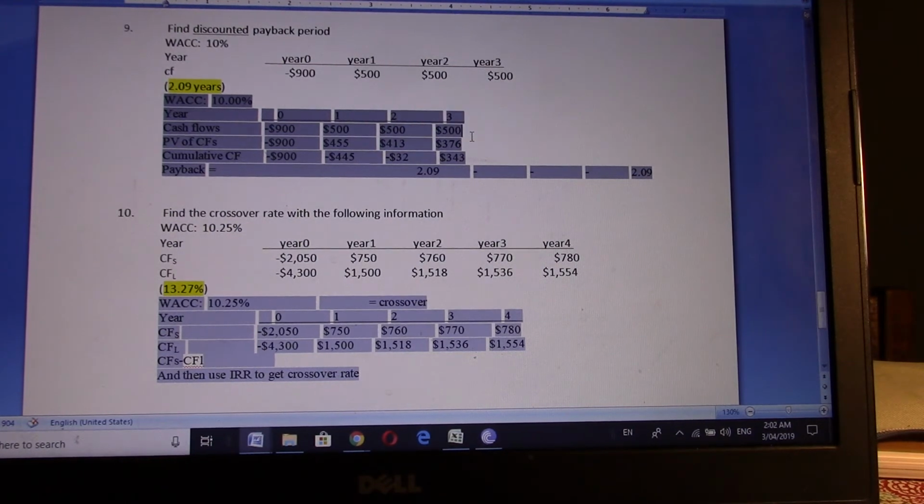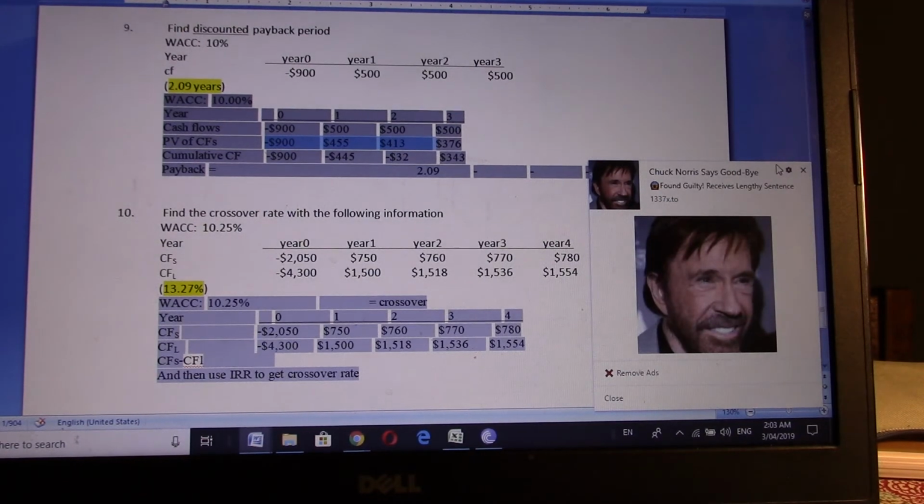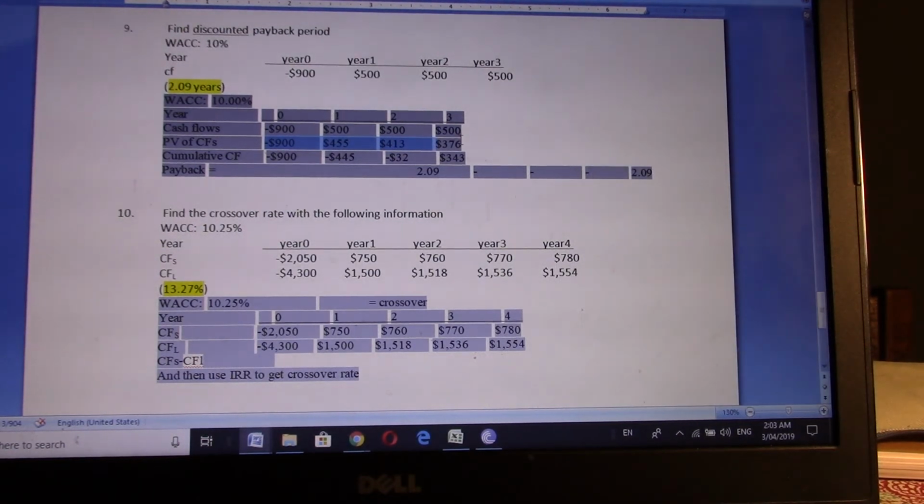For the third year's $500, it equals $376. Now you can use the same approach as in the payback period and figure out until when you can pay off your debt of $900. The answer should be 2.09. The discounted payback period is 2.09.